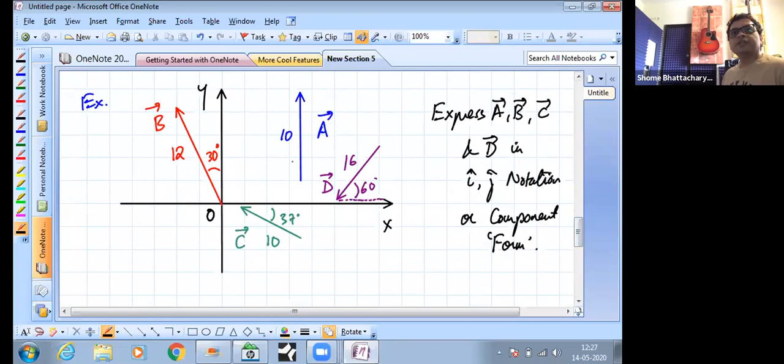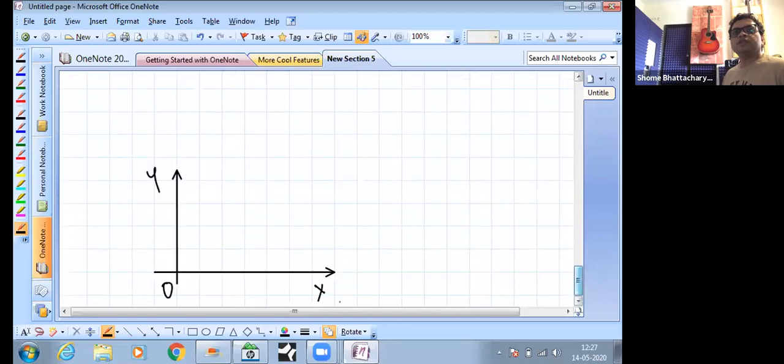If you pick up this vector A and redraw it from the origin, the vector A is like this. This angle is 90 degrees. So for vector A, the magnitude of the vector is 10 and the angle it is making with the x-axis is 90 degrees.